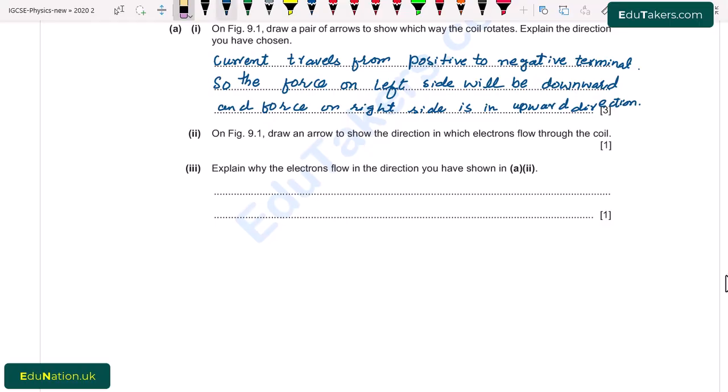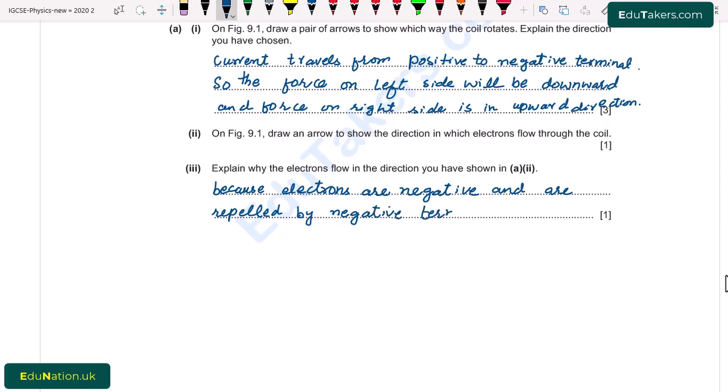So here we have to explain the reason why the electrons flow in the opposite direction, because electrons are negative and are repelled by the negative terminal of supply.